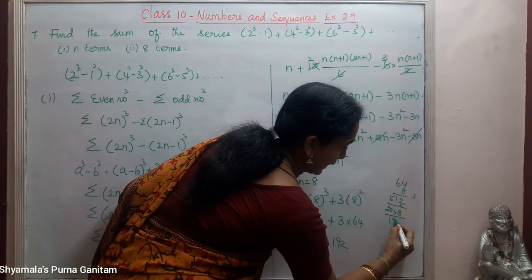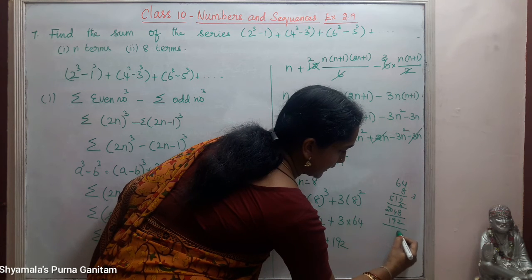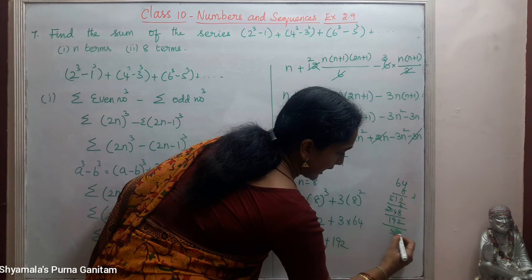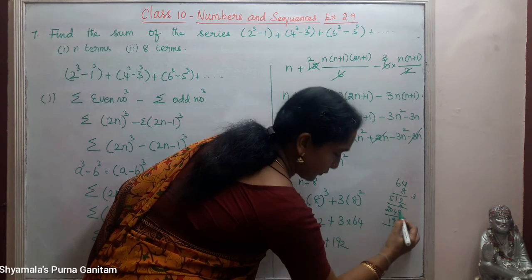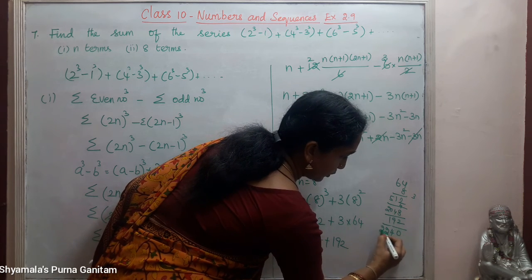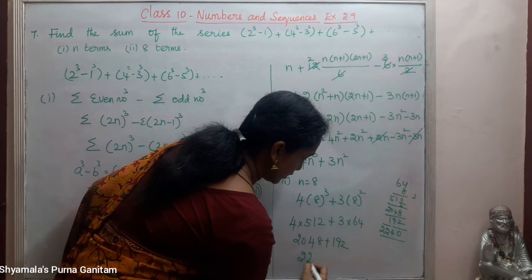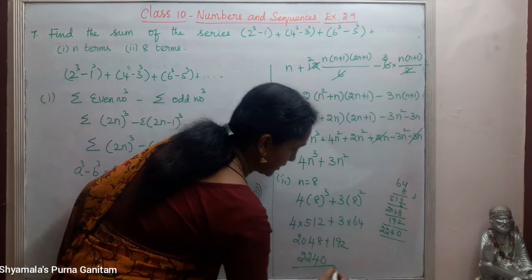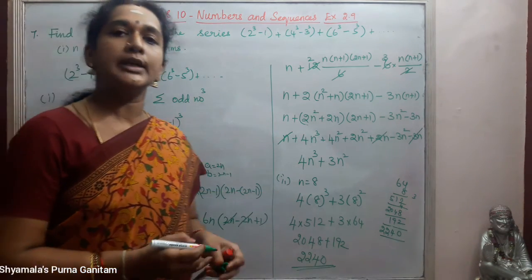So if we add 192 to 2048 we get 2240. So this is the sum to 8 terms.